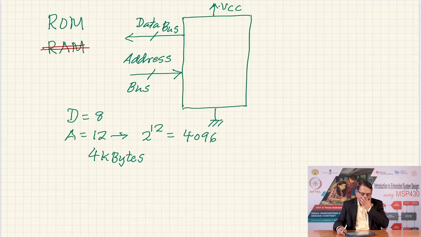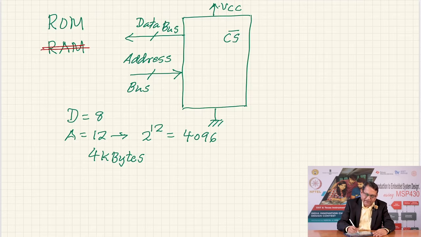Apart from the data bus and the address bus, it also requires a few control signals, and these control signals are referred to as chip select. And you see, I have drawn a bar over that signal, meaning chip select bar, and to also indicate that this is an active low signal, there is a bubble, which means to select this chip out of perhaps several other chips that you would have connected on the microprocessor buses.